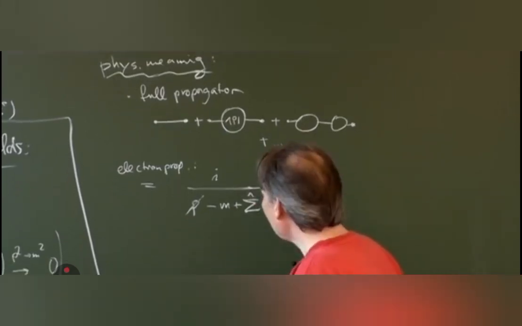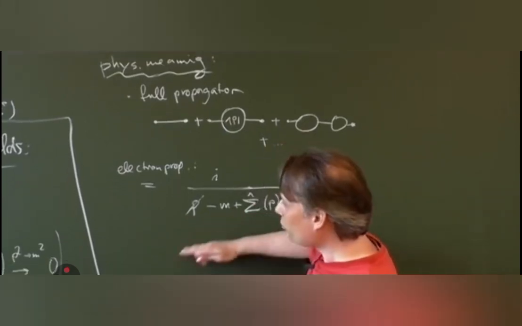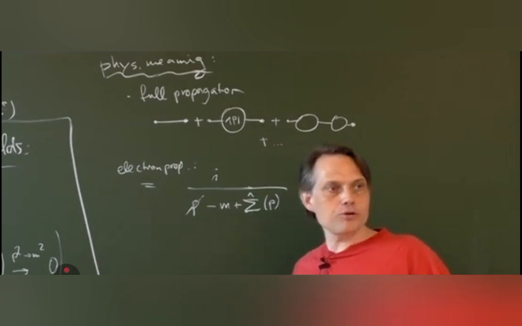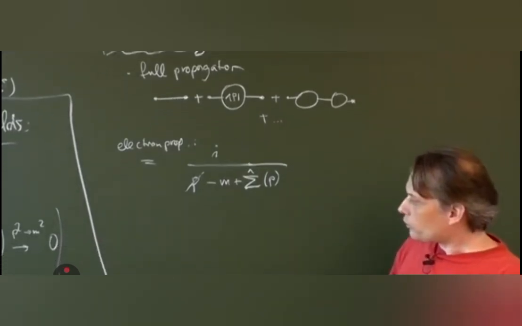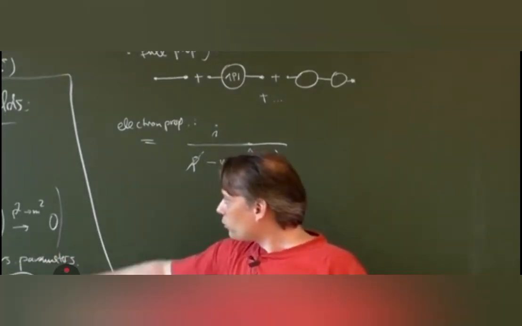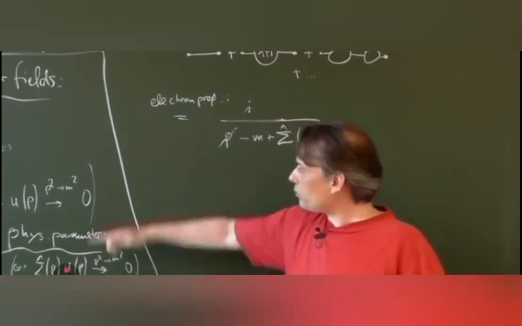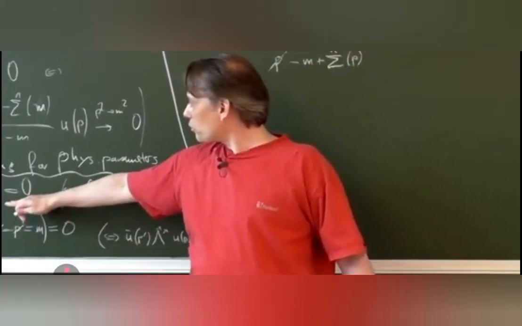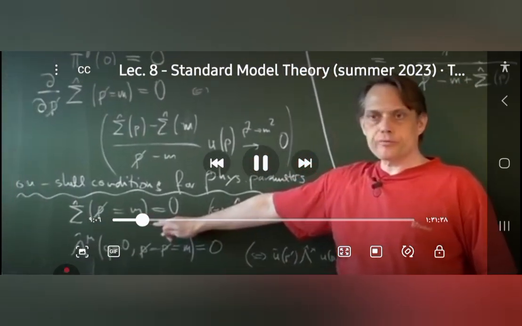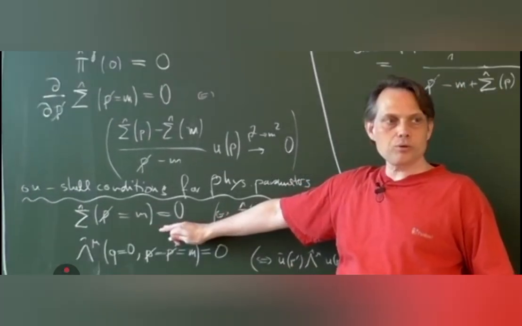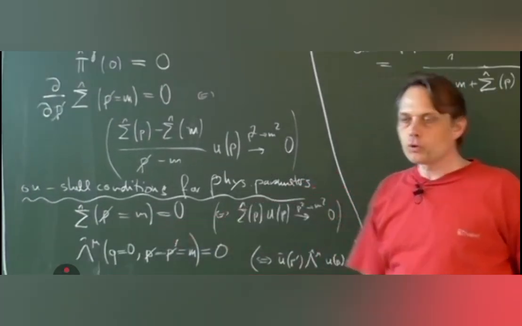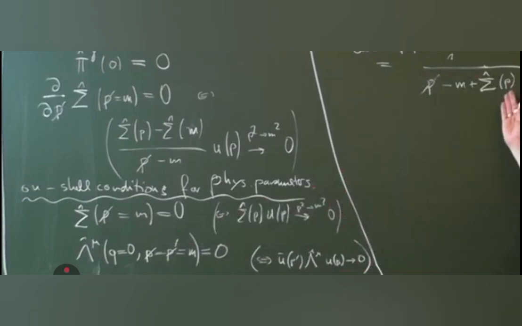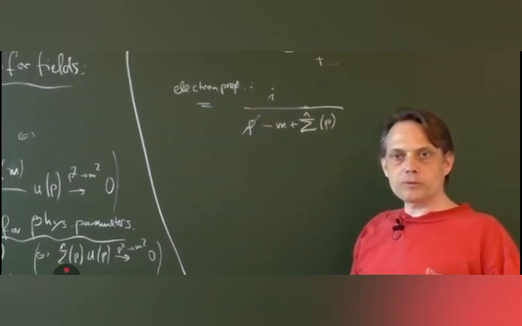So what does it now mean if we impose the on-shell conditions? Let us start at the bottom. These bottom conditions are more physical than the ones at the top for the fields. So we have here our on-shell condition for the electron self-energy at p slash equal to m. It vanishes. What does that tell you about the pole structure of the propagator?